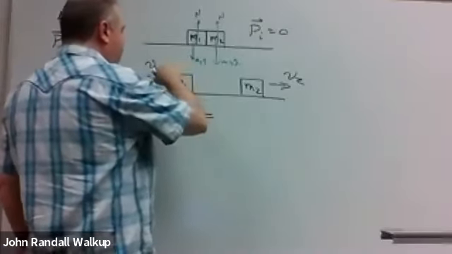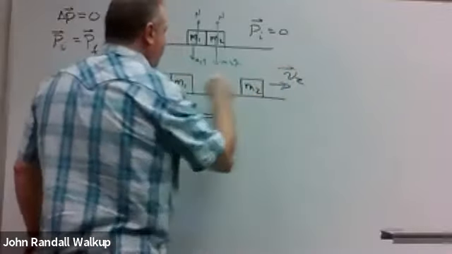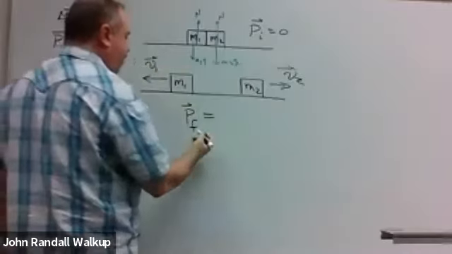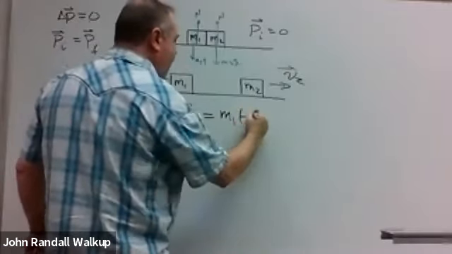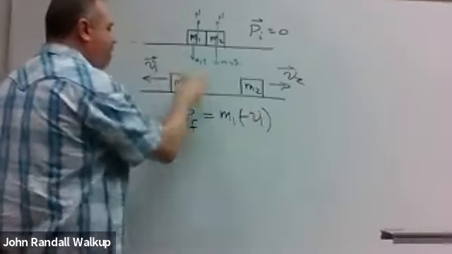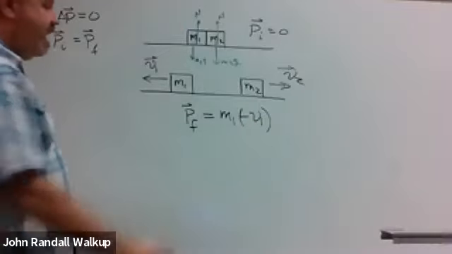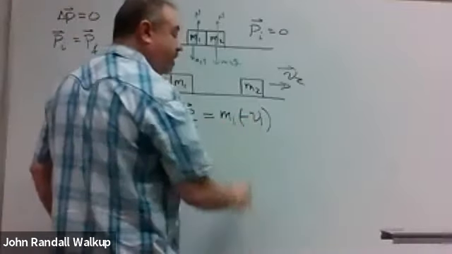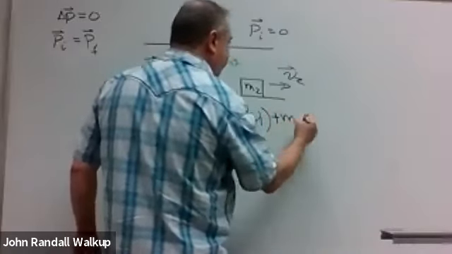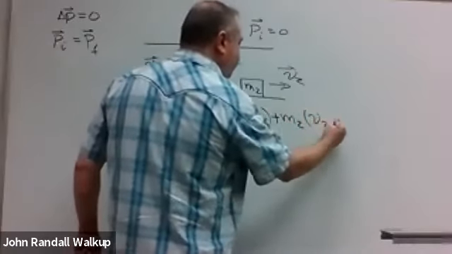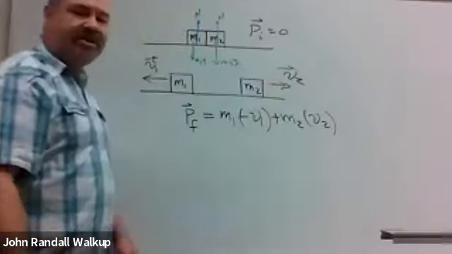M1 times V1, but V1 points in the left-hand direction. So this is going to be M1 times negative V1. I took the arrow off the top by sticking the negative sign in there. Now V1 is just speed. Plus M2 times V2, and this direction is positive. V2 points in the positive direction.